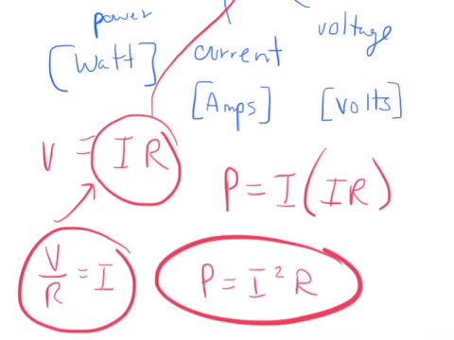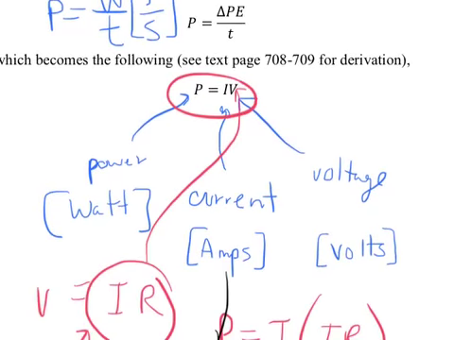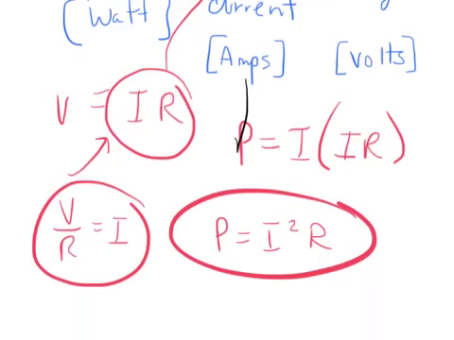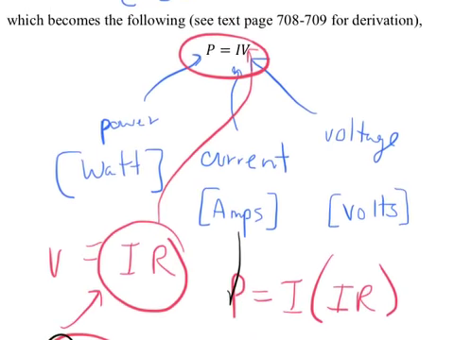The original is all the way up here at the top. P equals IV up here. Take the definition of I as V over R, and plug this in for this I right up here. Okay, plugging it up there for that I. So you have P equals, and then instead of I, you put V over R times V.